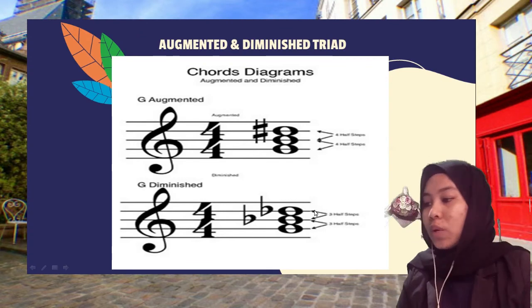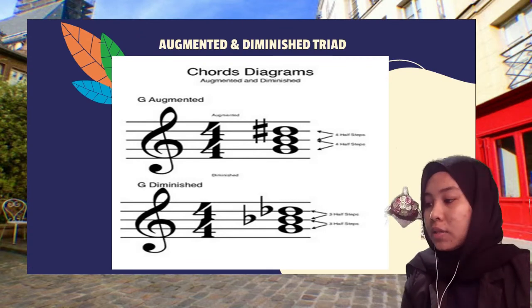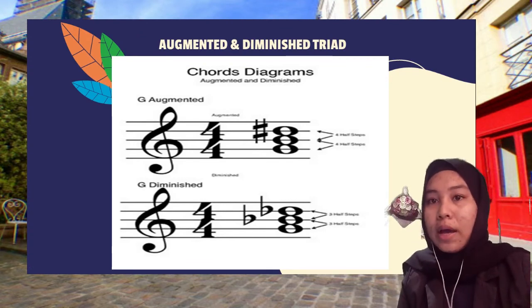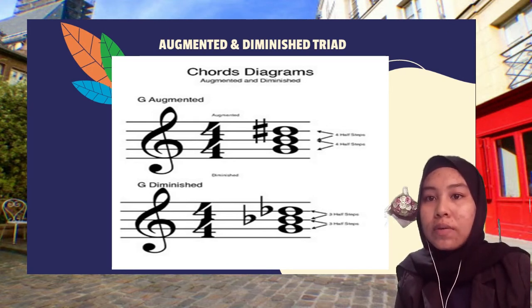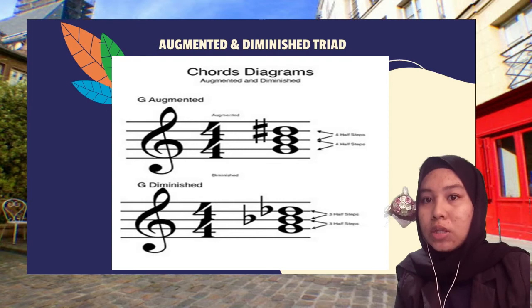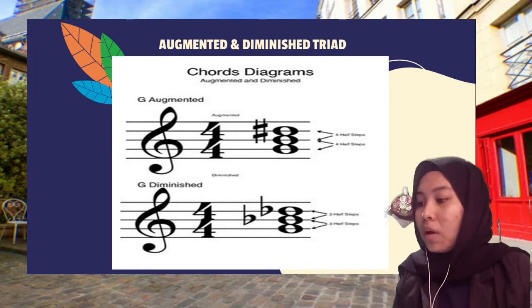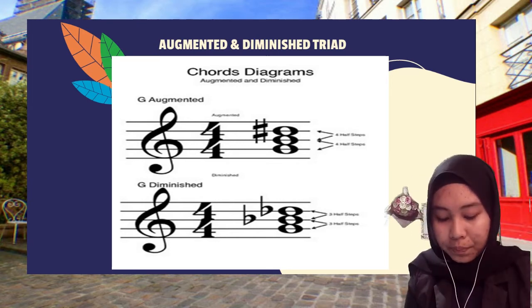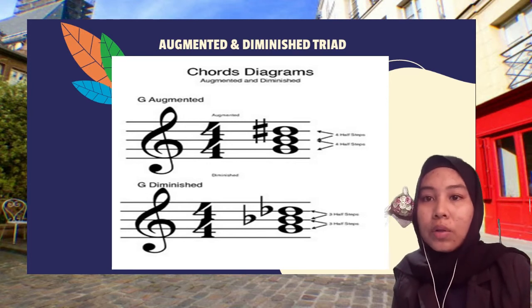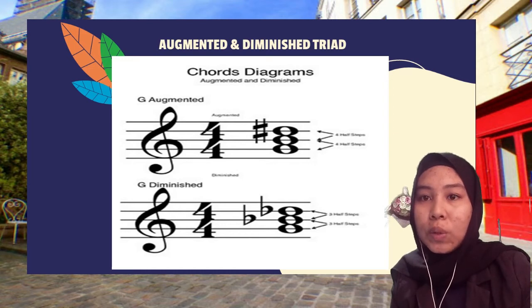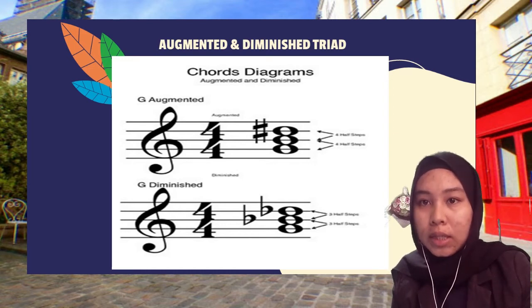Next one is the augmented triad. As you all know, the augmented is always a raised fifth, which means the note will be sharp. The example for augmented, we use F sharp augmented.